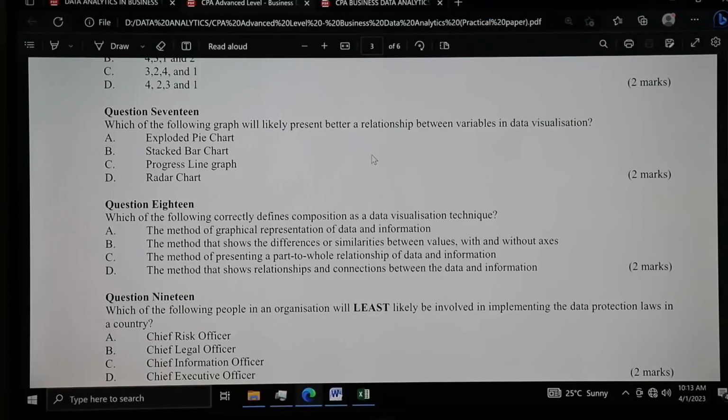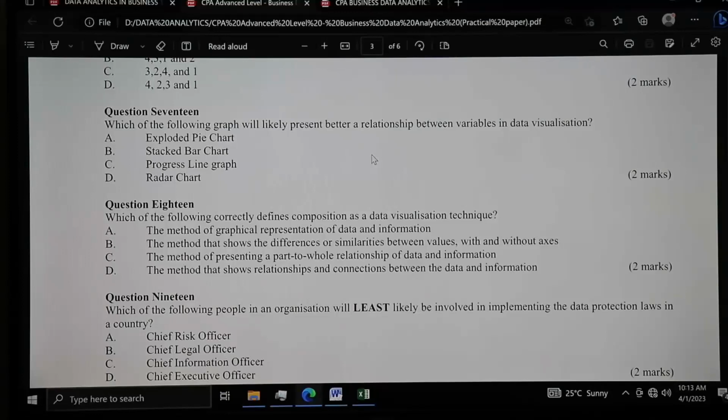So the risk officer, the legal officers, and the chief information officer are all connected to the system. The chief executive officer is not connected much to the system, though you must understand the system running, but you don't use the system in day-to-day life.